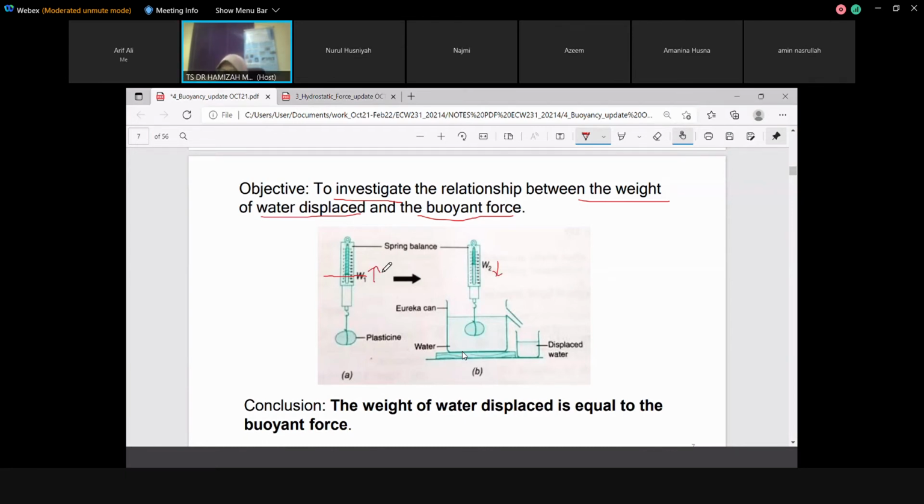Okay, another point that you should know, bila dia masuk dalam air, the density used to calculate this plasticine is 1000. Okay, outside the water, this density is represented by the density of plasticine. Okay. So weight is equals to the buoyant force, FB.